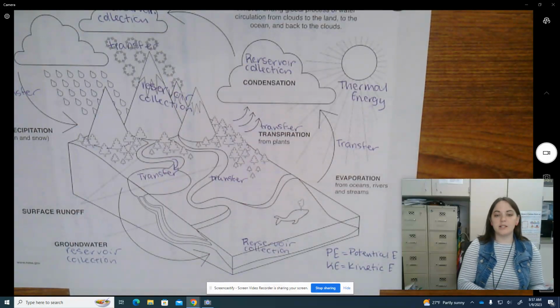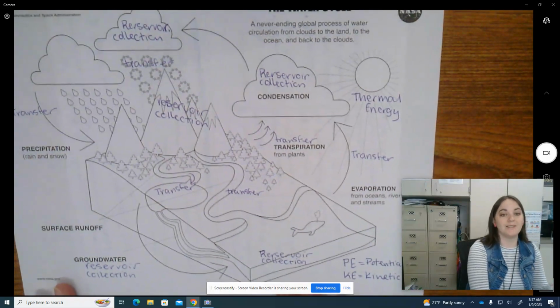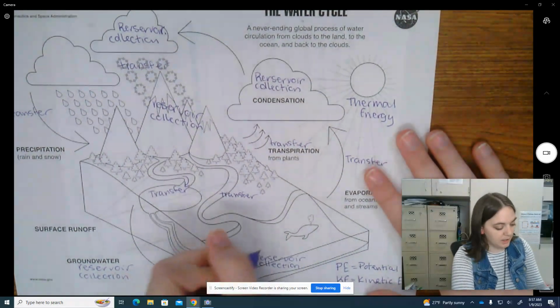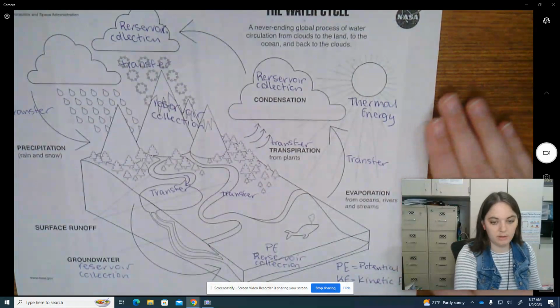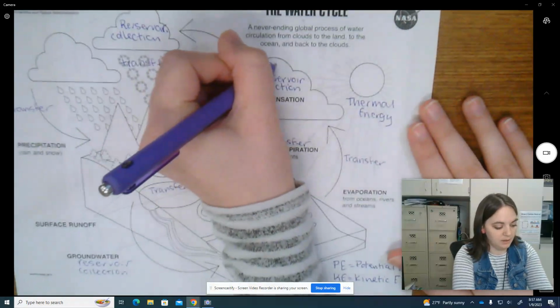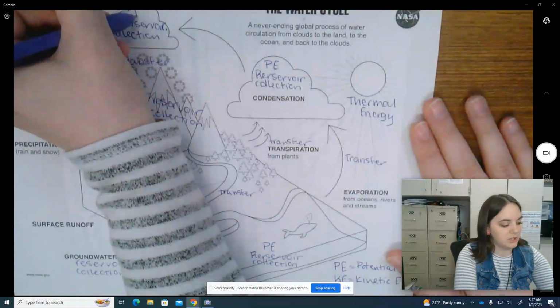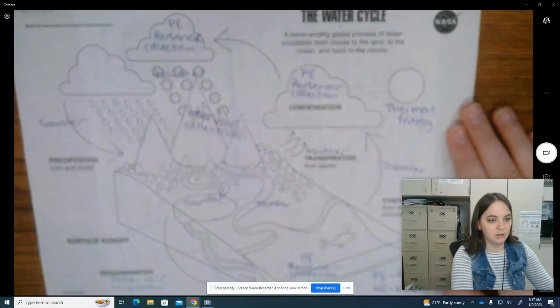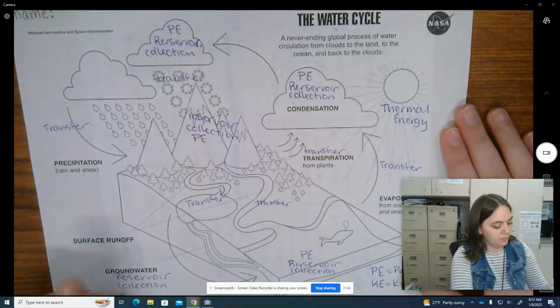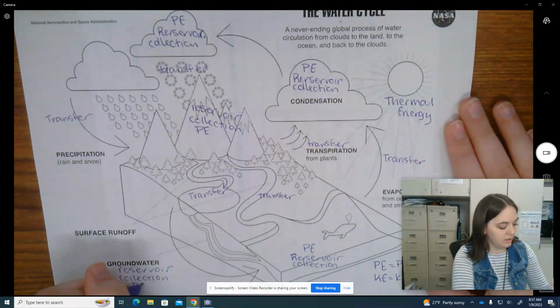Now, potential energy is anywhere where water is stored or it's not moving. So there is potential energy down here. There's potential energy up here. Potential energy up here. Potential energy here. Potential energy down here.